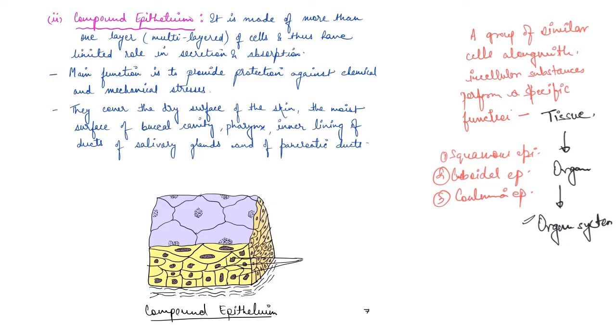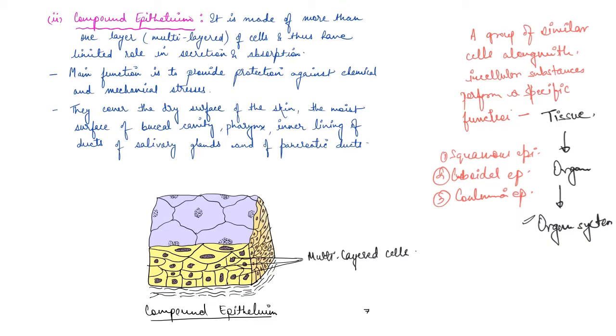If you see the structure here, the first thing that you notice is that there are multiple layers of cells here, right? So these are nothing but multi-layered cells.